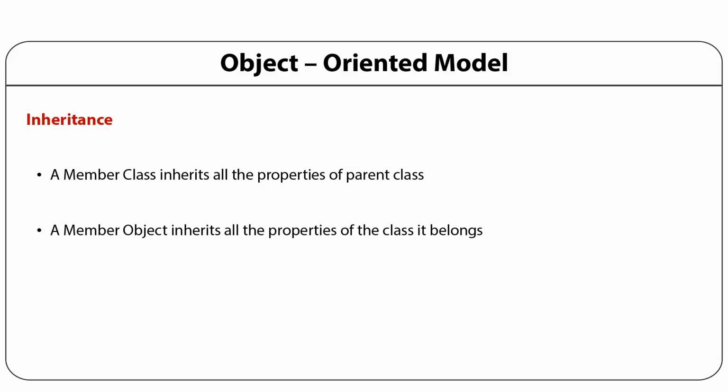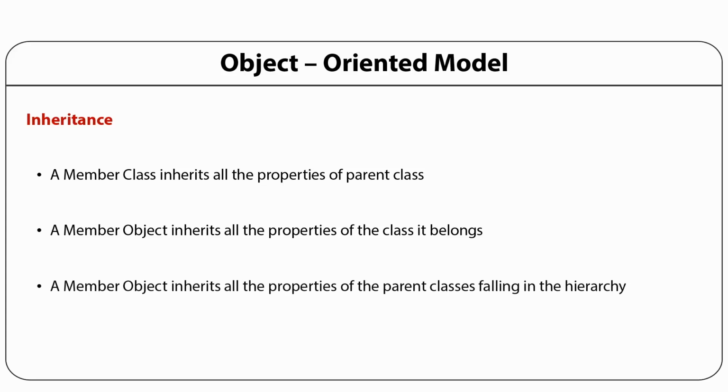Say, for example, there is a class and there is a member of that class. That means there is an object that is a member of that particular class. The properties of the class are automatically inherited by the object. You don't have to define the same properties again in the object, as it inherits all the properties of the class.